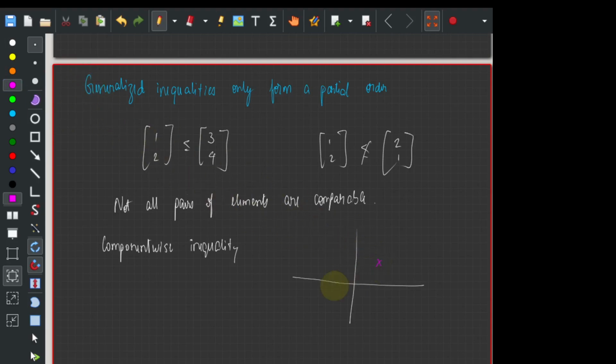I pick some point. What is the set of all points that are greater than or equal to this particular point, based on the component-wise inequality?